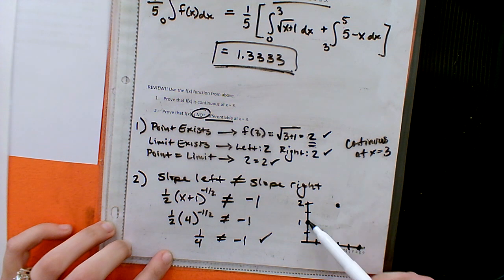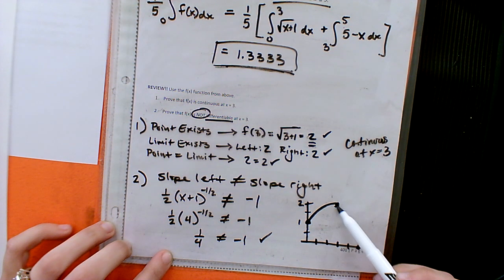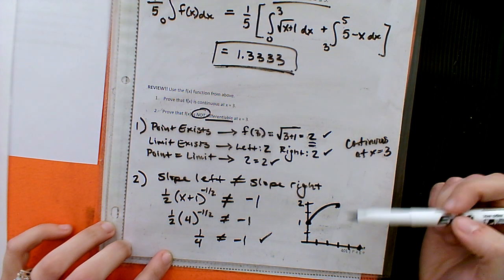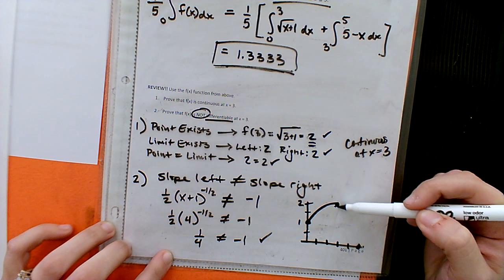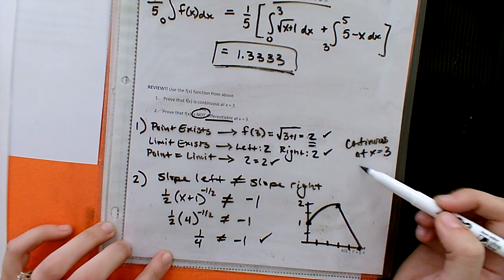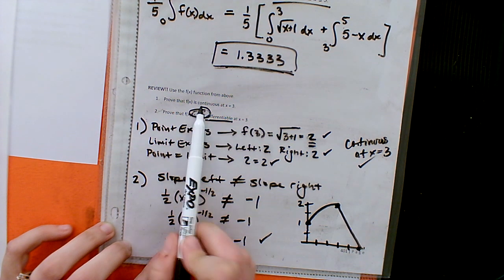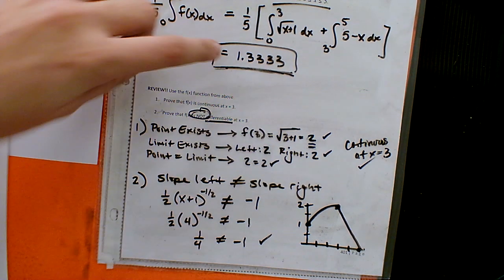So to connect these first 2 points, it has to be in a square root shape, so that curve to the side. The other 2 points are from a linear function, so we'll do that. So notice how they are connected, meaning they are continuous, but we have a sharp point there, meaning not differentiable.